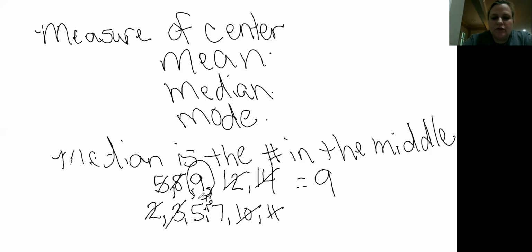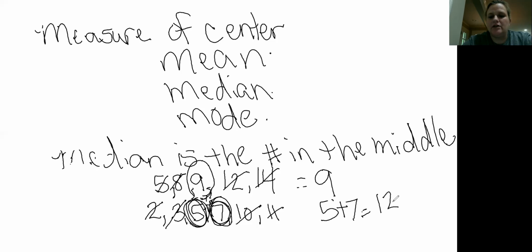But what you do if you end up with 2 numbers in the middle and you don't end up with just one number in the middle, you take those 2 numbers, 5 plus 7 equals 12, and divide it by 2, because it's 2 numbers. So you're finding the mean now. 5 plus 7 is 12, divide it by 2 equals 6.